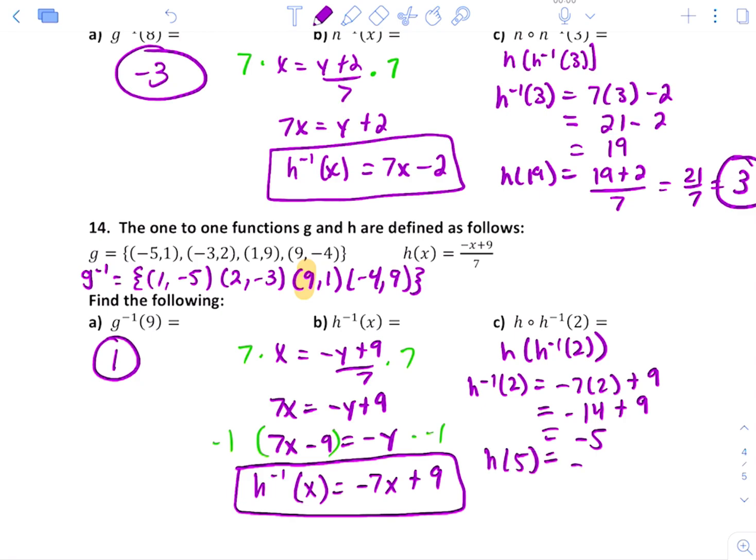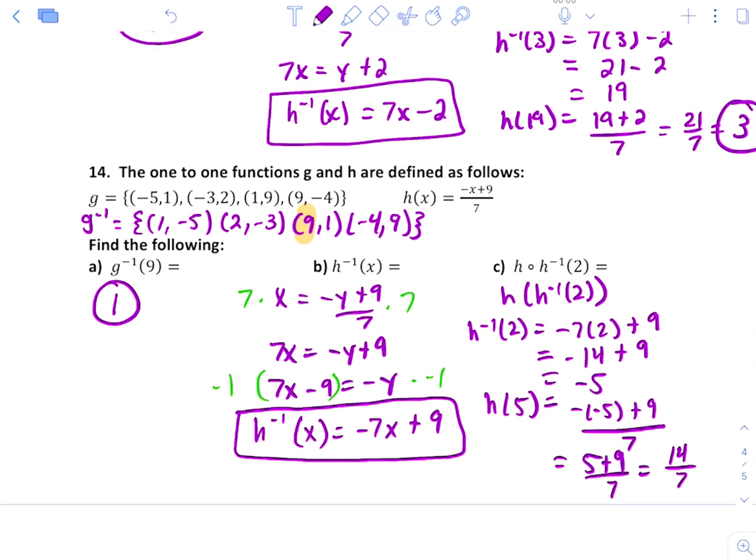So that will be negative 5 plus 9 over 7. So this is 5 plus 9 over 14. And 14, oh, whoops, not over, sorry. Ahead of myself in my addition. Over 7, and then 14 over 7 is going to be 2.